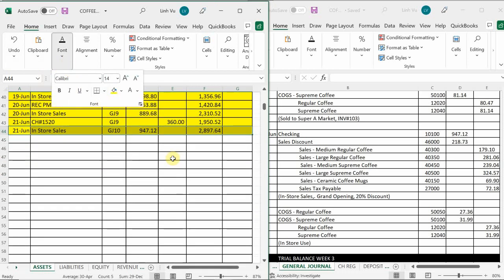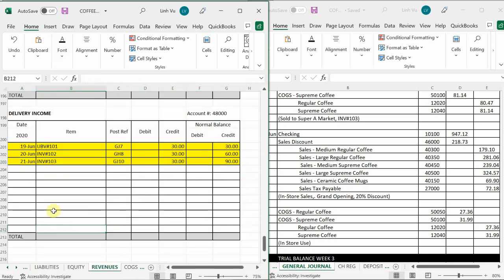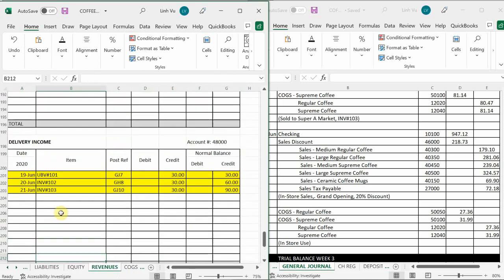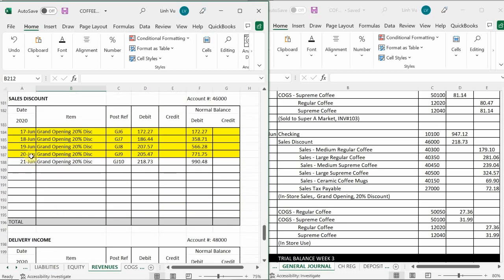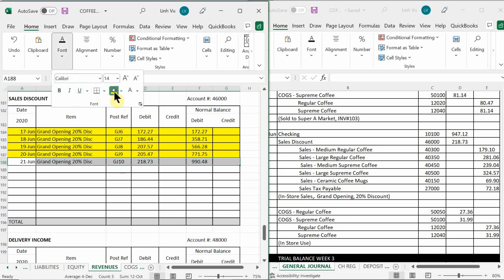Okay. And we also gave a sales discount. Here you go, sales discount for the $218.73. There you go.